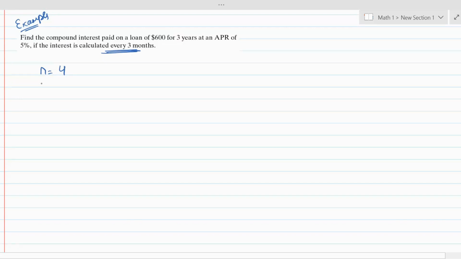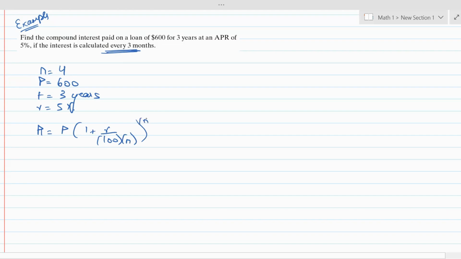The loan principal is $600. Time is 3 years, and rate is 5%. So the total amount is equal to principal times (1 plus R upon 100 into n) whole power n into t.